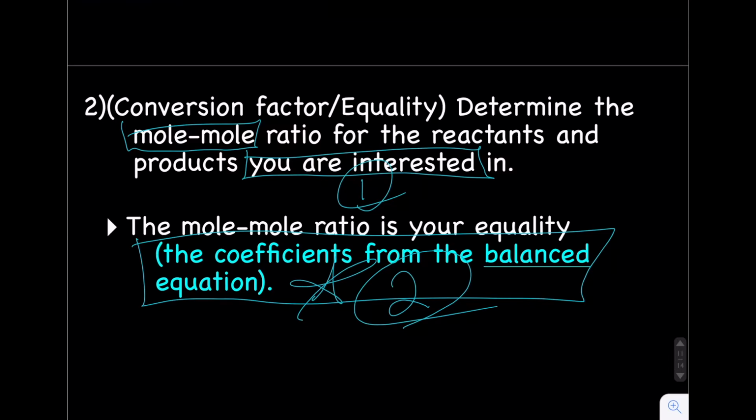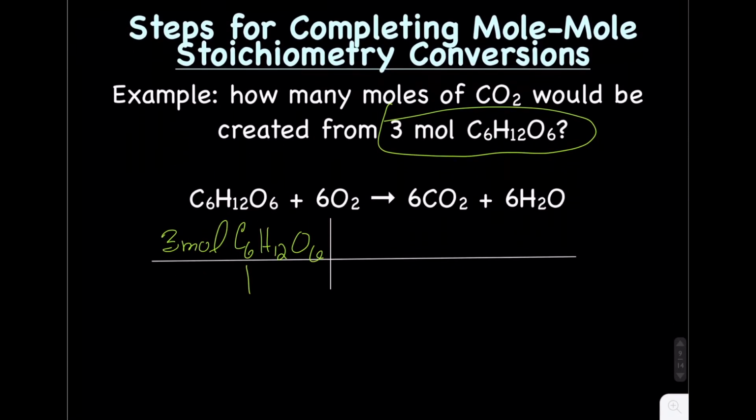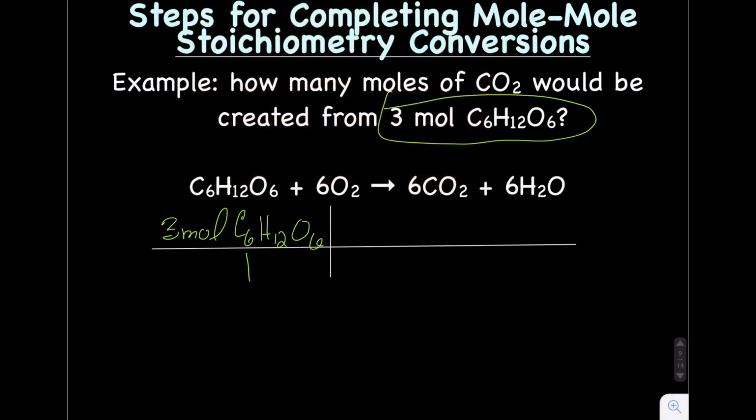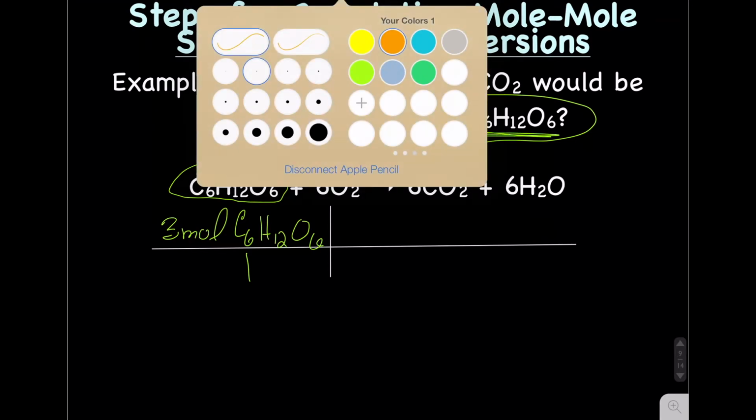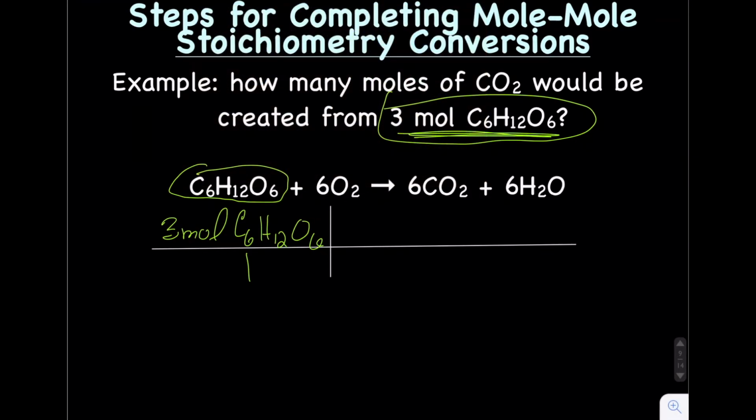So let's go back and do that. Our known we already figured out: we're interested in 3 moles C6H12O6. Let's find that in our balanced equation. It's right here. And our unknown is moles of CO2, so let's find that in our balanced equation.